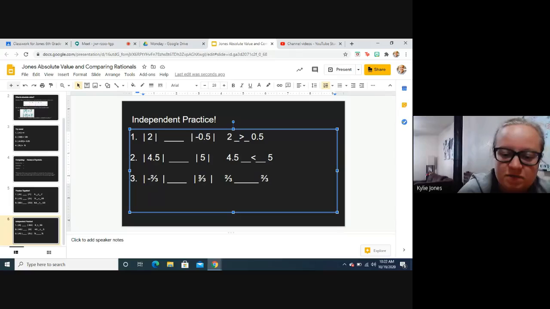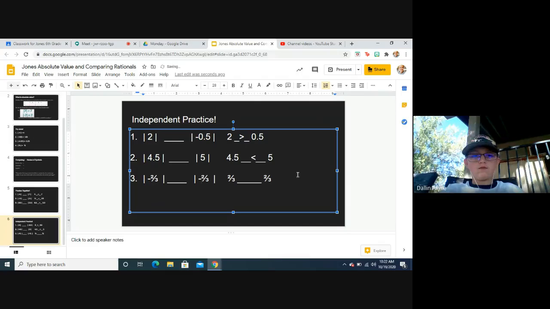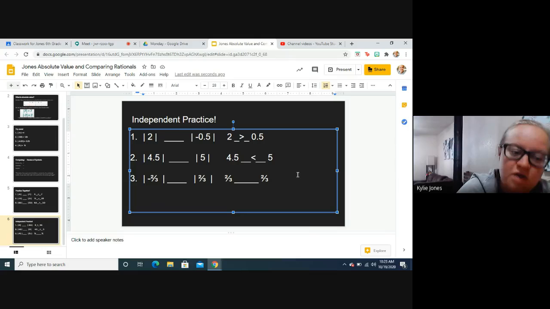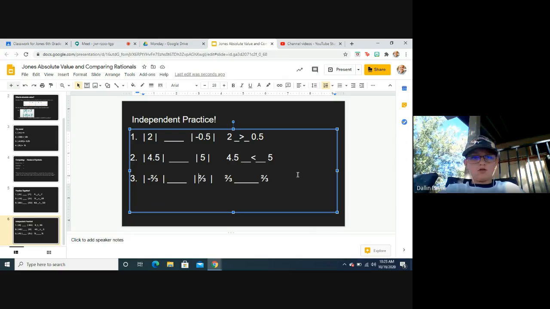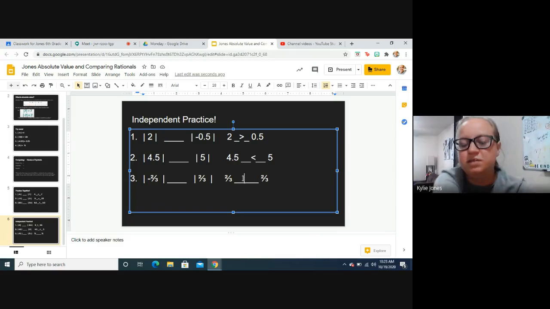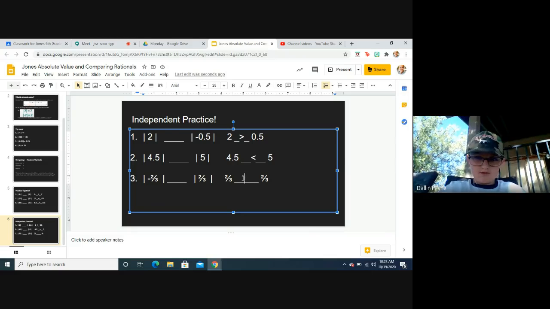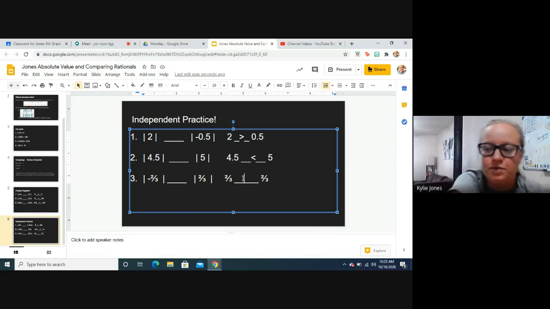If you had 1/2 and then 6/12, would those still be equal? They would, because if you simplified 6/12, you would still get 1/2. As long as you simplify and they're equal, you are good.